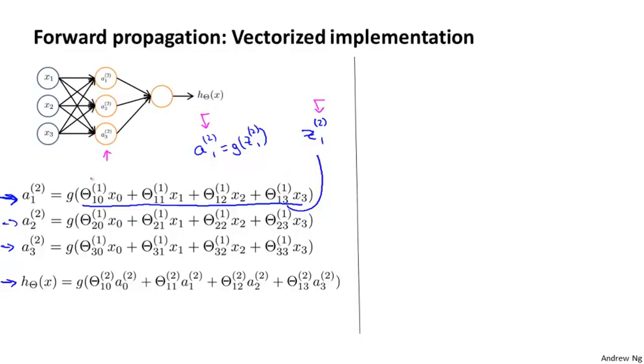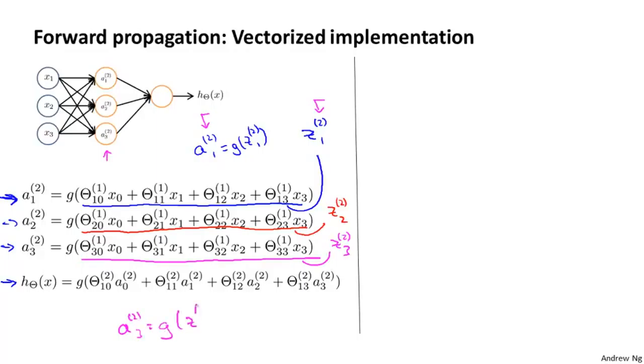Now, this term here, I'm going to similarly define as z22, and finally this last term that I'm underlining, let me define as z23, so that similarly we have a23 equals g of z23. So these z values are just a weighted linear combination of the input values x0, x1, x2, x3 that go into a particular neuron.